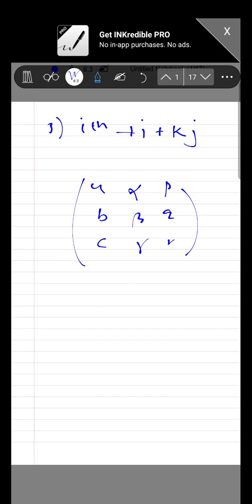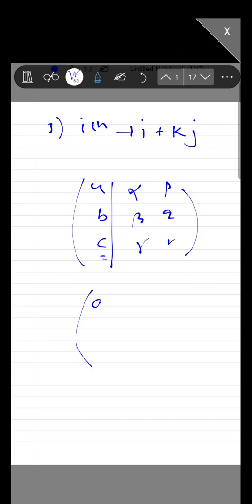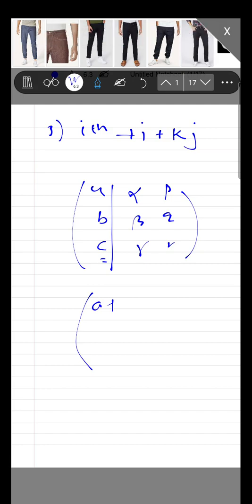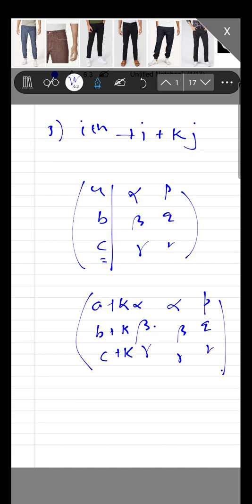So this is the ith row. Now we change it to A plus K into alpha, B plus K into beta, and C plus K into gamma. This is another type of elementary transformation. So there are three types of elementary transformation.